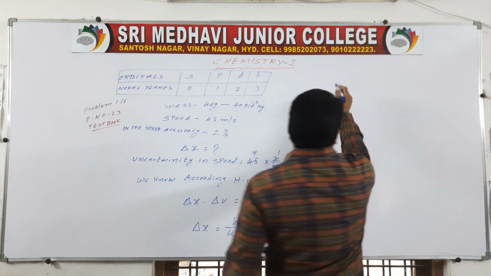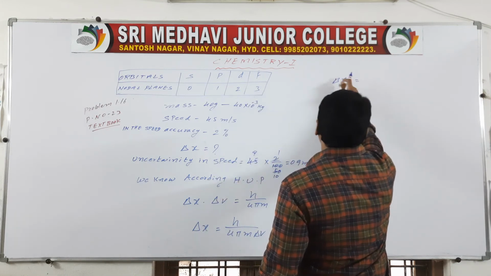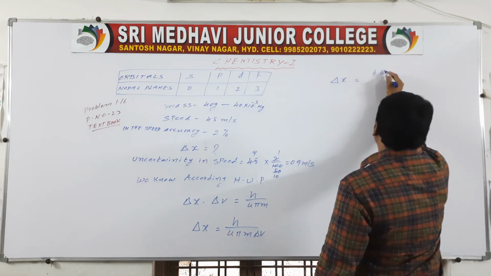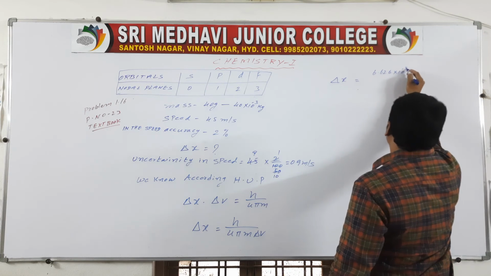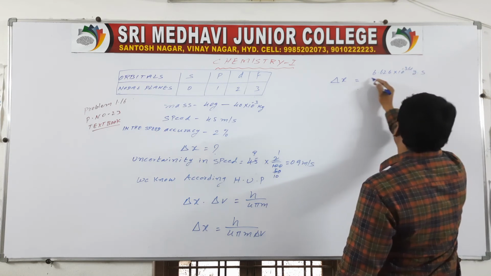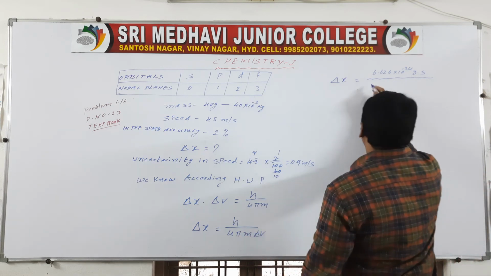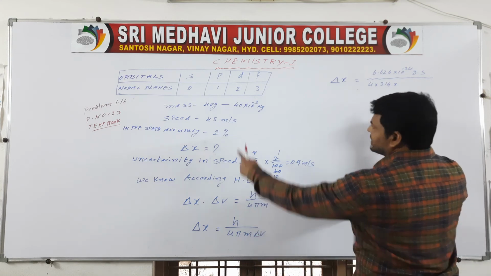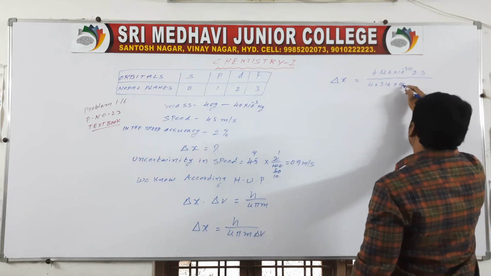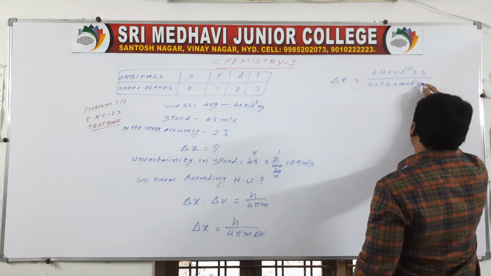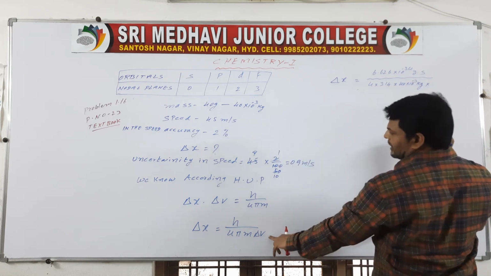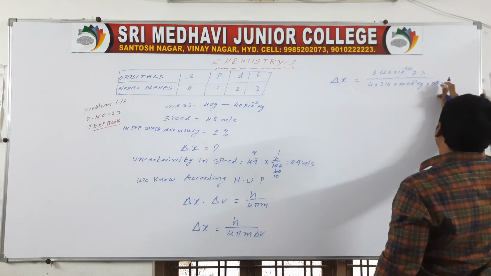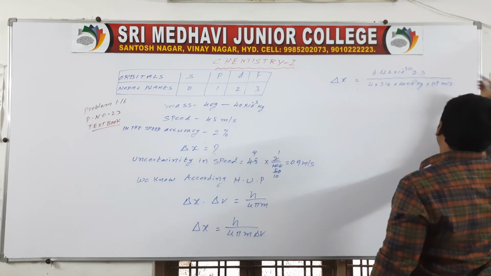So delta x is equal to h, that is 6.626 into 10 power minus 34 joules into second, by 4 into pi, that is 3.14, into m, that is 40 into 10 power minus 3 kg, into delta v, that is 0.9 meter per second.